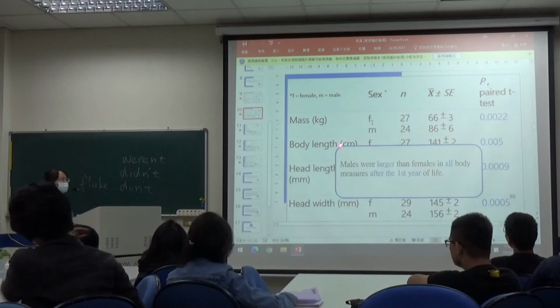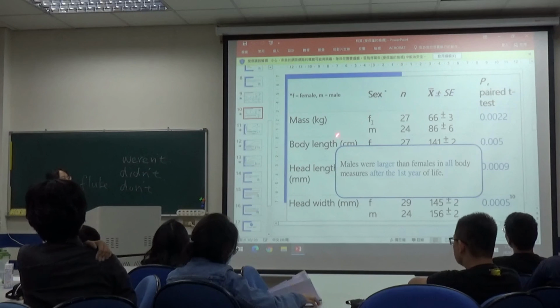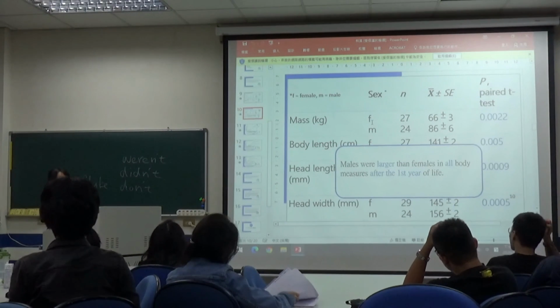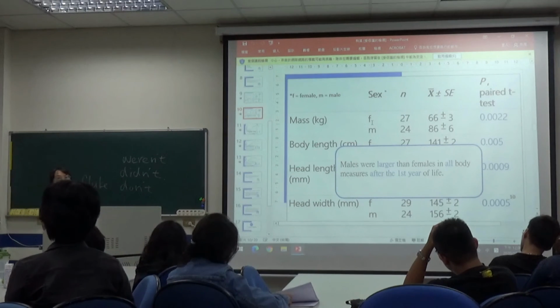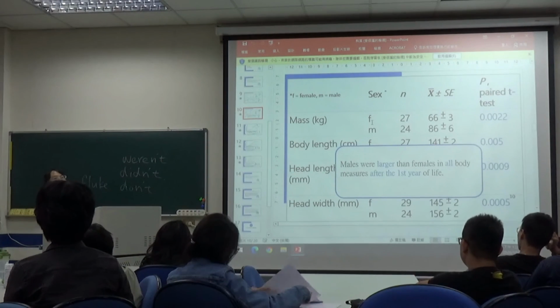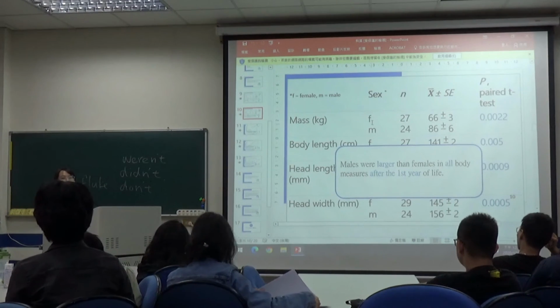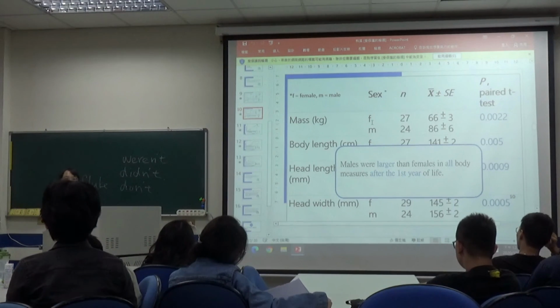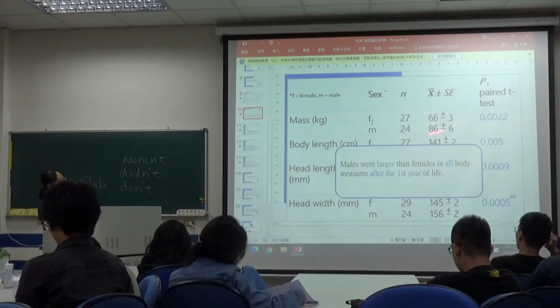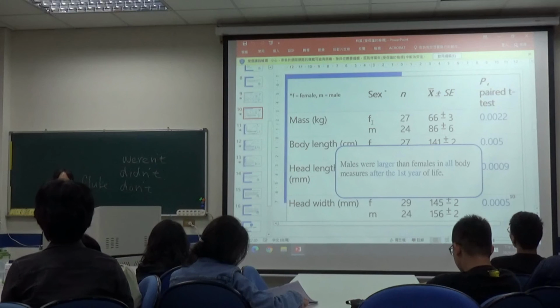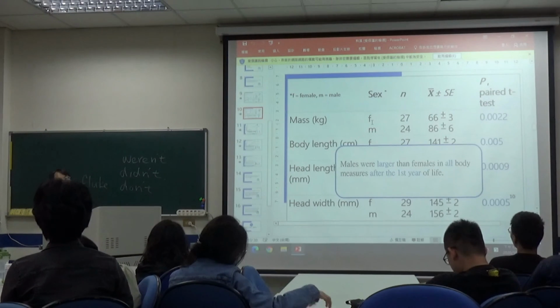I usually do not want to see students just copying a table from the paper. One way is to type the table again yourself. An even better way is to make charts yourself using Excel. You can provide charts, and they deliver an even stronger impression than these kinds of numbers.